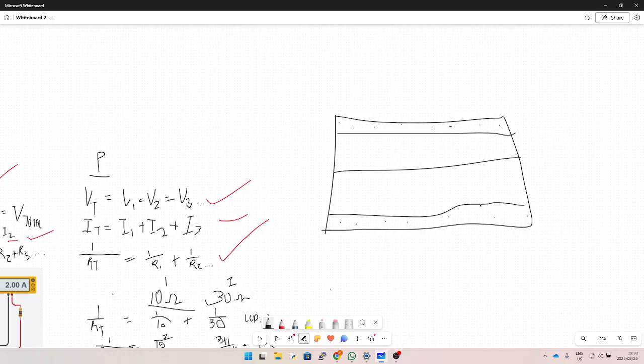Bus and terminal. Can you identify which one I'm pointing out right now? Bus strips. Yes, this is your bus strips, and these ones are terminal strips.